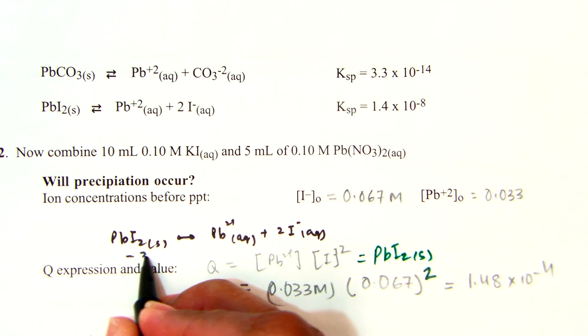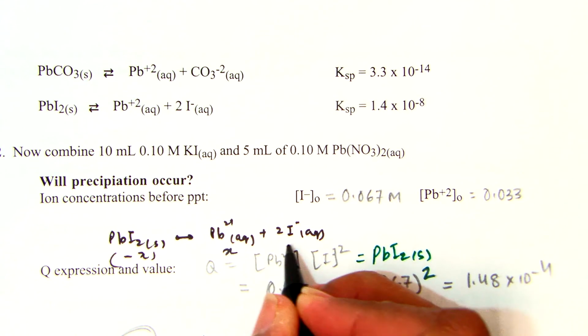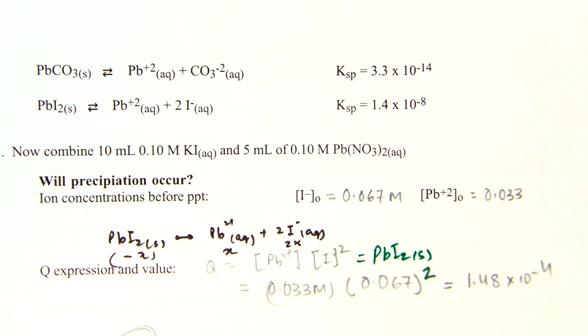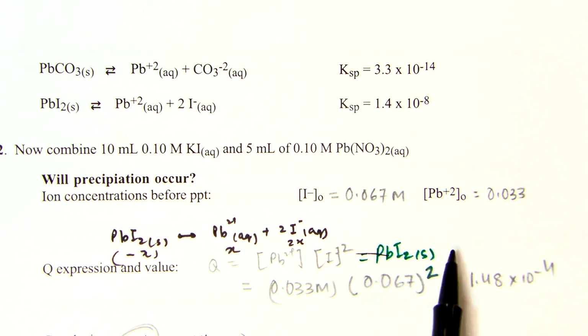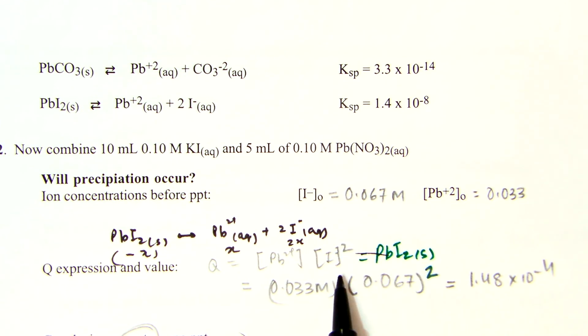That's how this is different. So you take 0.033 molarity of this, 0.067 of this, and square it. Note that square. I've written it in green so that you pay attention, because we know how much iodide we are mixing, but we need to square it because there's a coefficient of 2. And that gives us the Q of 1.48 times 10 power negative 4. Now what do we predict? Will a precipitate form? Yes.